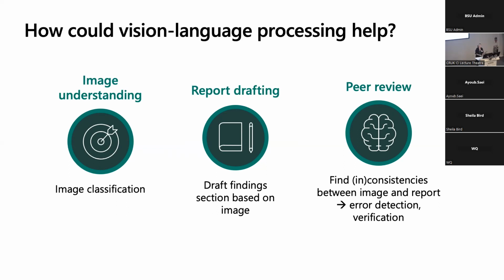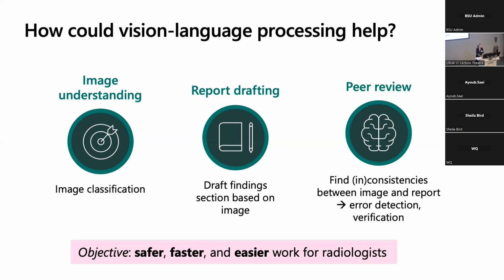So the pleural effusion's on the left, but they wrote that it was on the right. So you could do things like detecting errors, but then maybe also enabling the radiologist to press a button that says, double check, did I miss anything? Almost like a spell check to see, are there any mistakes, which could help their sense of security that they've done a good job. So various potential use cases, overall trying to get to faster, safer, and easier work for the radiologists with presumed downstream impact on patient care, although that is to be determined.